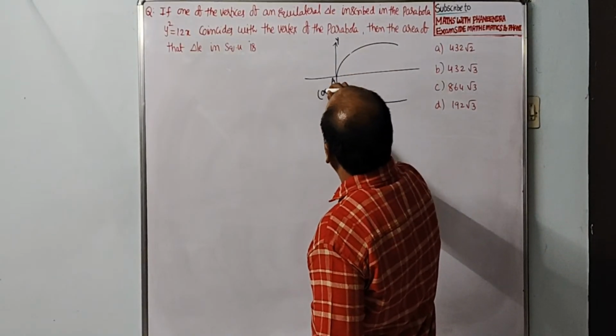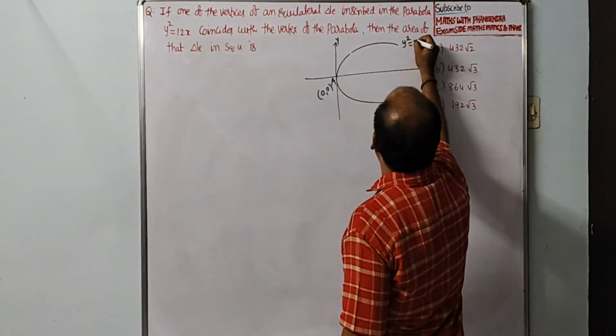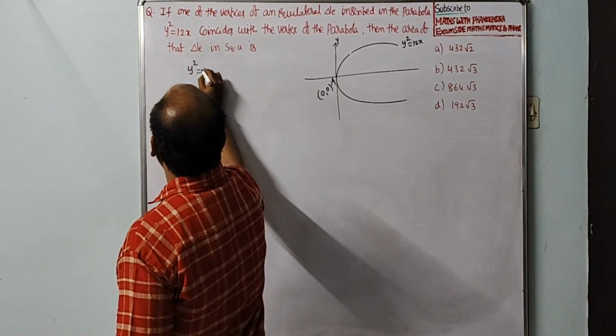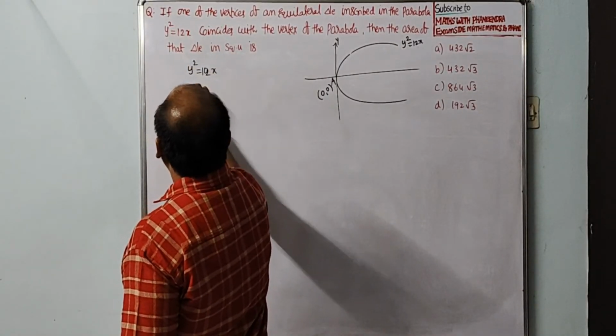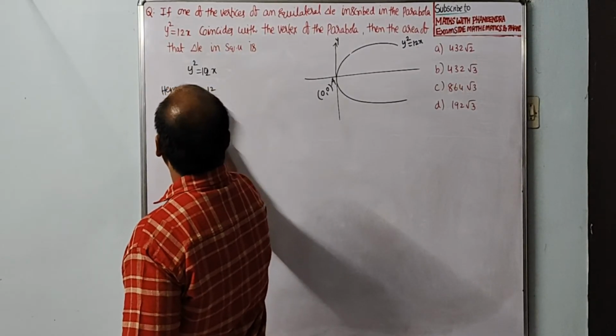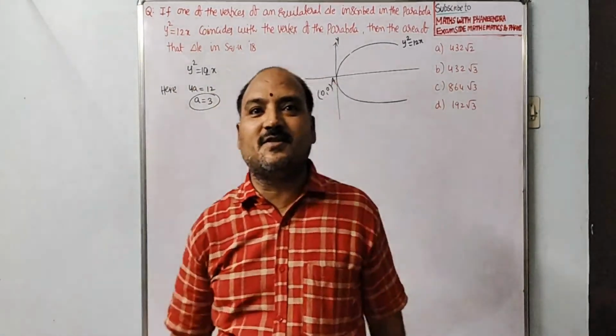This is one of the vertices, no? 0, 0. y square is equal to 12x. Here 4a is equal to 12, so a is equal to 3. The a value we got, dear students.